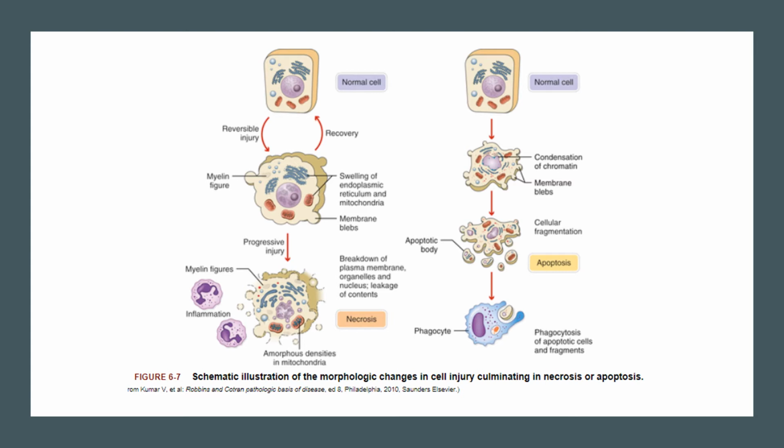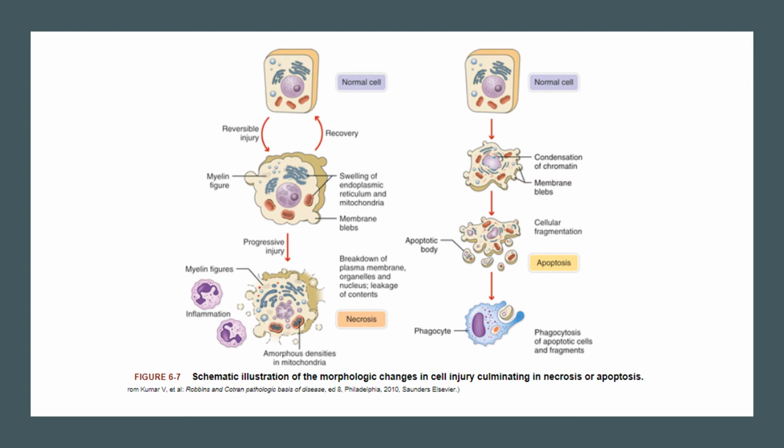This is going to leak contents into the extracellular fluid, and the cell is going to be in this cascade of events that are going to prolong the inflammatory response in the body. And if it prolongs for an extended period of time, you're going to reach a more severe necrotic event.